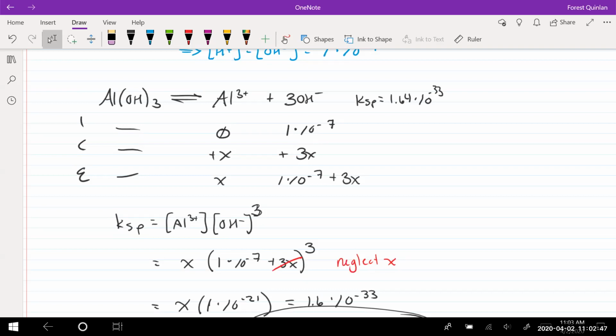I think she's asking if our initial solution involved H's instead of OH's. Yes. Let's say we're in an acetic acid solution and you put in some other thing that had H's. Yes, you would add those in because HAc breaks up into H+ and Ac-. You absolutely would add those in as your initial.